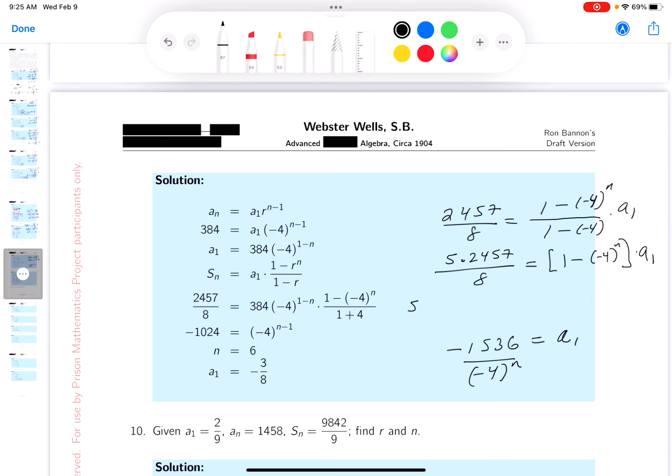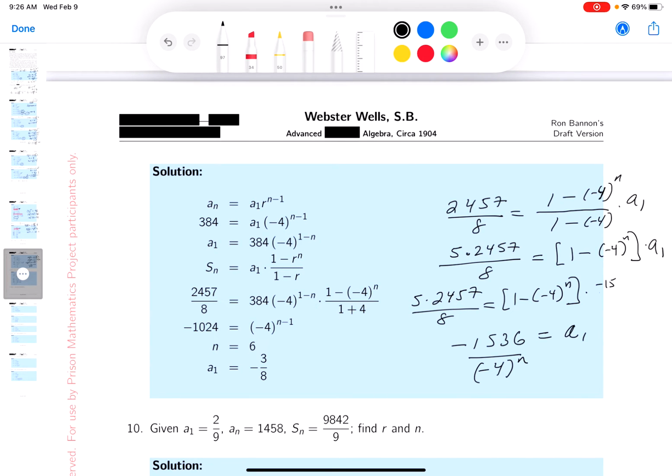So 5 times 2,457/8 would be equal to 1 minus 4 to the n, and A1 is minus 1536 over minus 4 to the n, right? All right, let's go to town. I'm going to start to erase things.